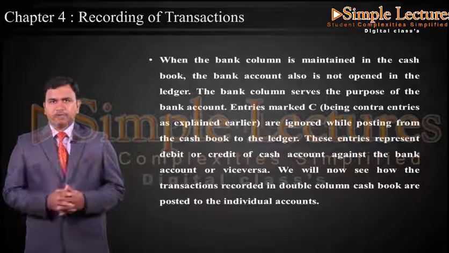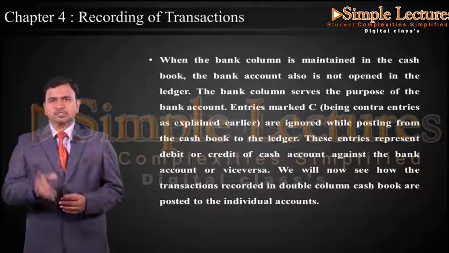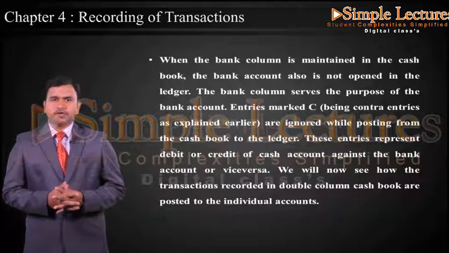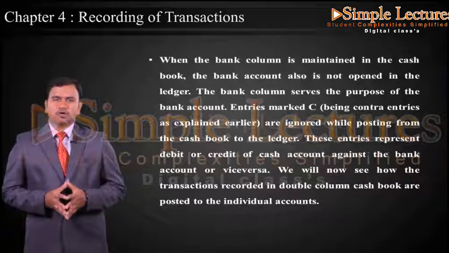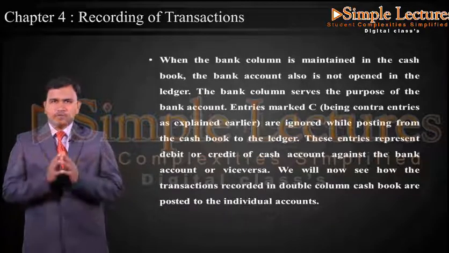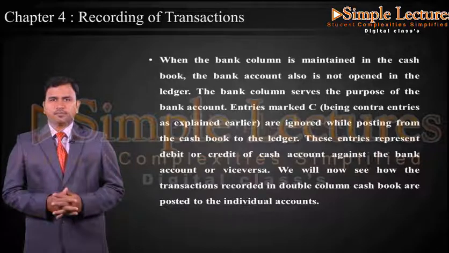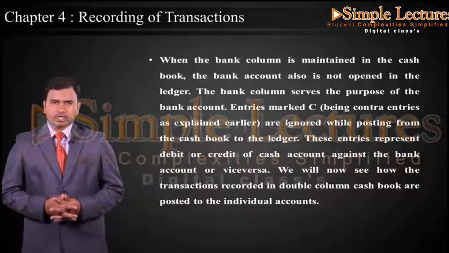Let me repeat once again: the contra entries we have between cash and bank are ignored when posting to the ledger account. These entries represent a debit or credit of the cash account against the bank account or vice versa. We will now see how the transactions recorded in the double column cash book are posted to the individual ledger accounts.